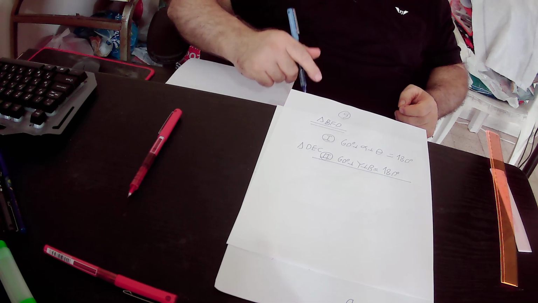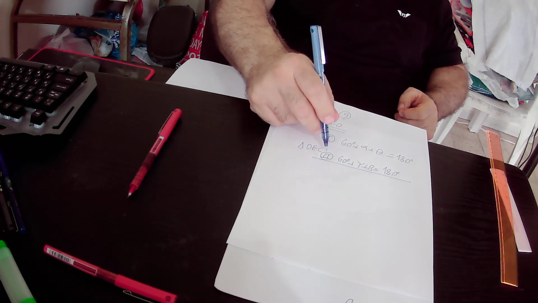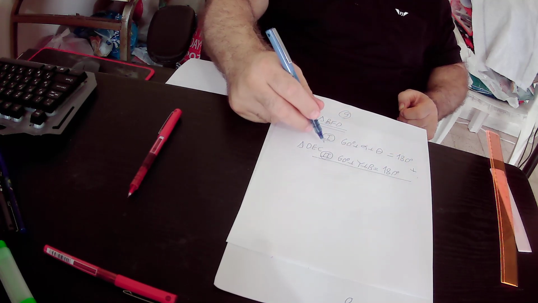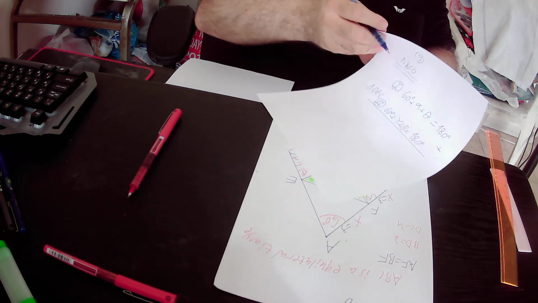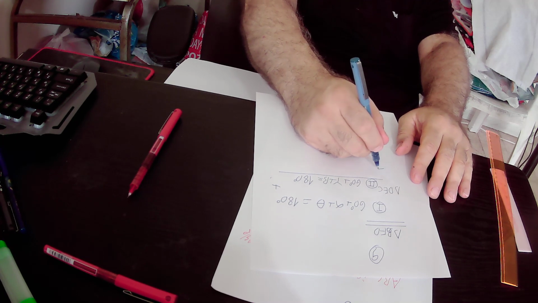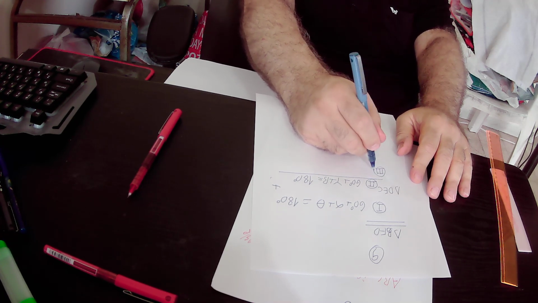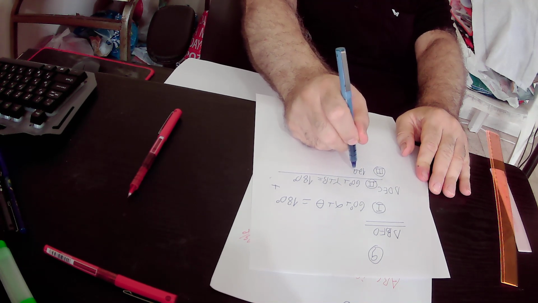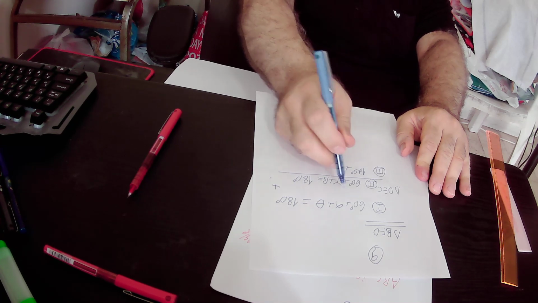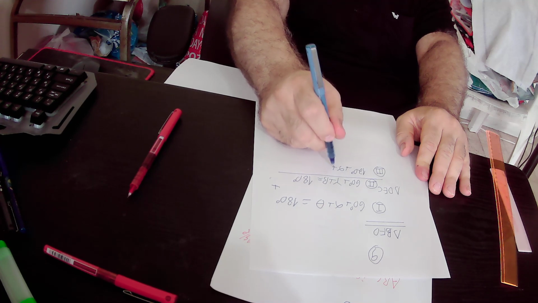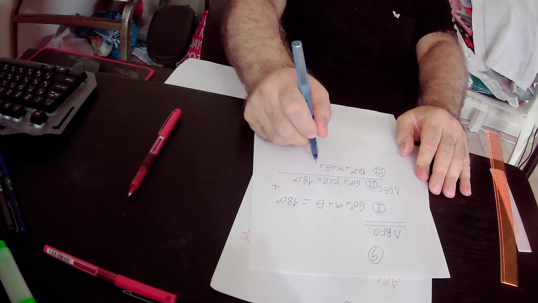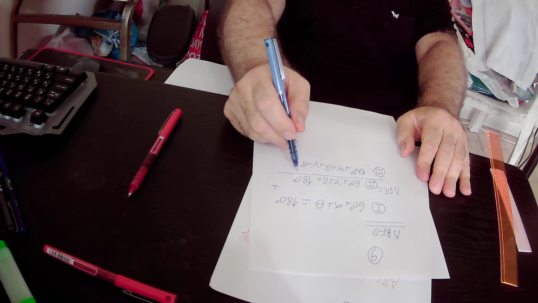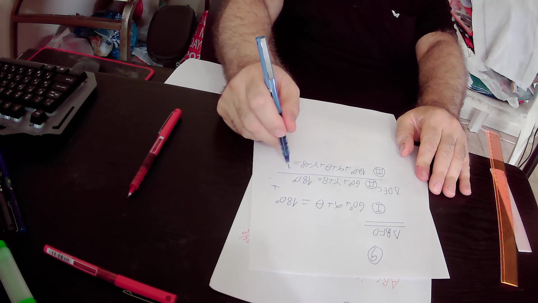Now we will add equation number 1 to equation number 2, and we will get equation number 3: 60 degrees plus 60 degrees is 120 degrees, plus alpha plus theta plus gamma plus beta, equals 180 degrees plus 180 degrees, which is 360 degrees.